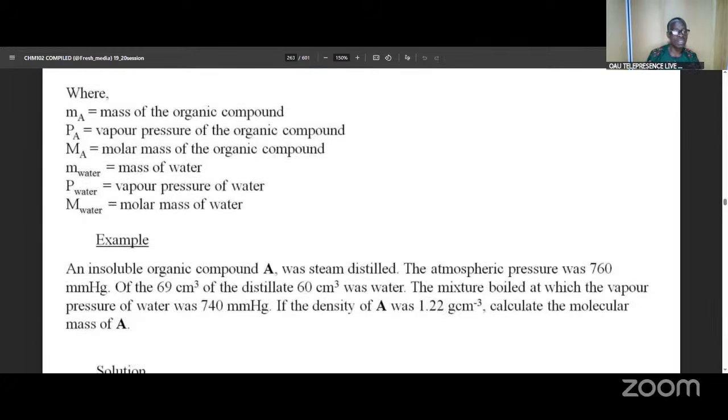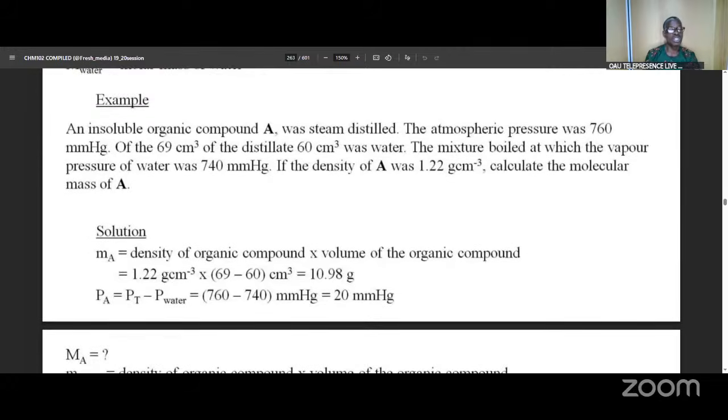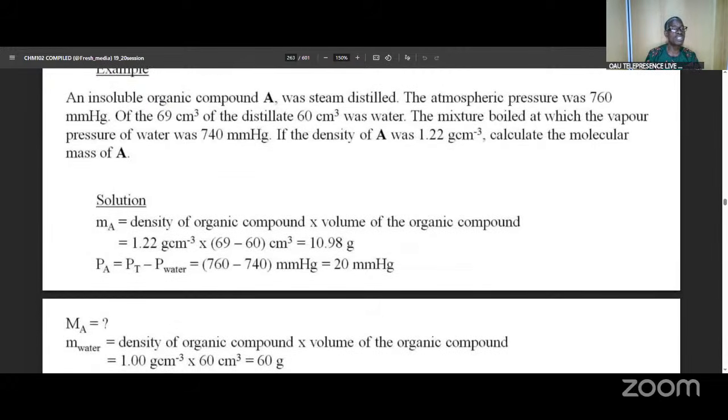Now, for example, let's go through this simple calculation of steam distillation. An insoluble organic compound A was steam distilled. The atmospheric pressure was 760 millimeter mercury. Of the 69 centimeter cube of the distillate, 60 centimeter cube was water.